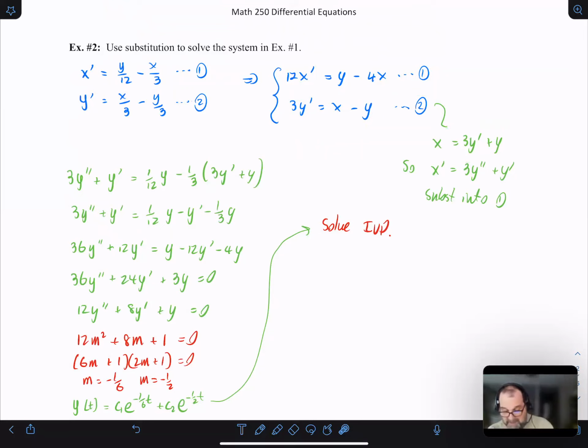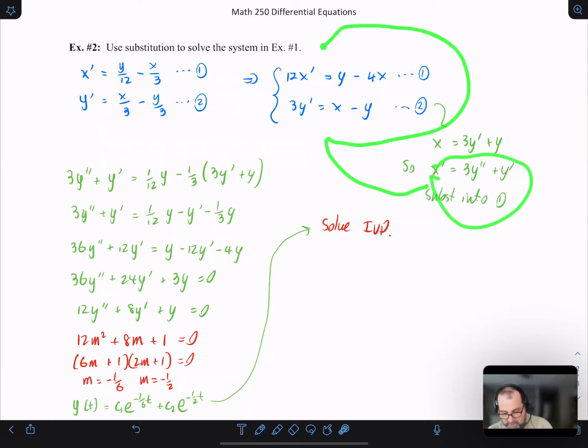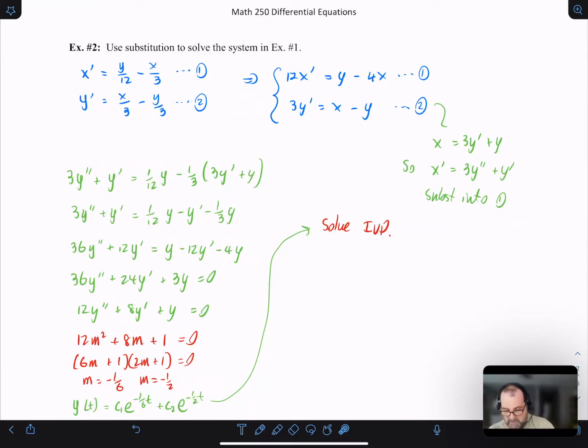There is no x prime there or anything, so I can just solve this for x itself. I can then take the derivative on both sides once, so x prime is 3y double prime plus y prime, and then that I can substitute into number 1.